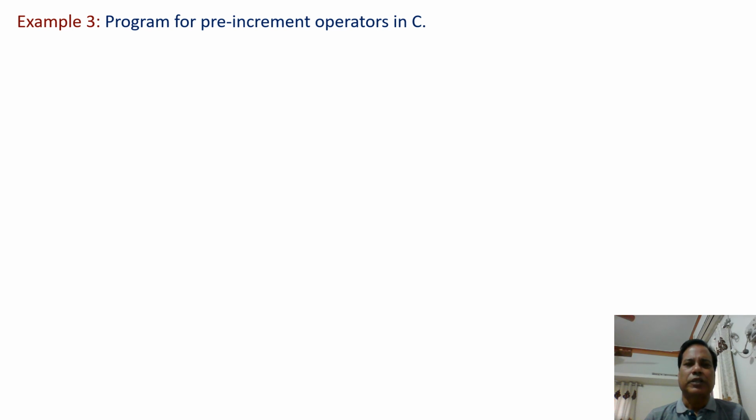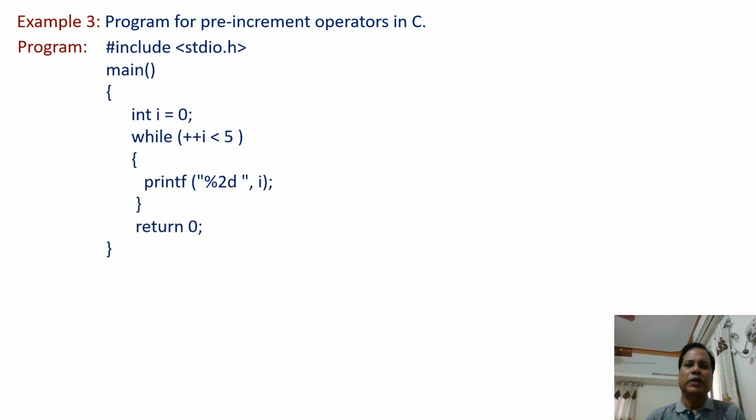Now let us discuss another program for pre-increment operators in C. Now to understand the working of the pre-increment operator, we will use it in a while loop. Now again in this program, hash include standard input output .h file is included just for use of the input output functions that are stored in this file.